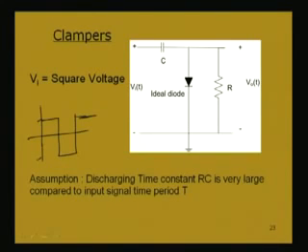Now, one assumption is very important here: the time constant of this circuit, the discharging time constant RC, is very, very large compared to the time period of the input voltage. That will be an important assumption that we will be seeing later on.